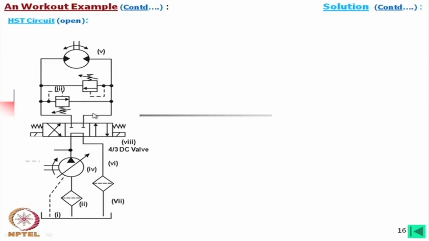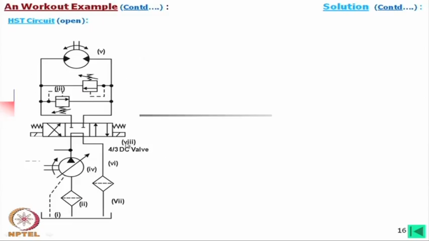This circuit, mind it, is only for rotating the drum, this is not driving the truck. For the truck, from the engine there is a separate drive line, it might be an ordinary speed gearbox, and there is a differential, etc., not a hydrostatic transmission.